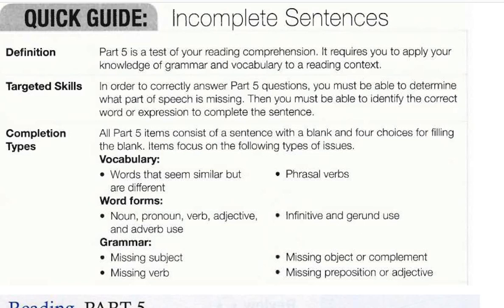Items focus on the following types of issues: vocabulary, phrasal verbs, collocations, words that are similar but have various meanings, and word forms such as noun, pronoun, verb, adjective, adverb, infinitive, and gerund. Grammar issues include missing subject, missing verb, missing object or complement, missing preposition, and missing adjective.